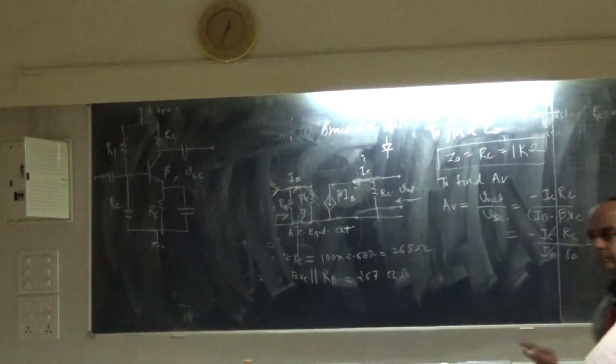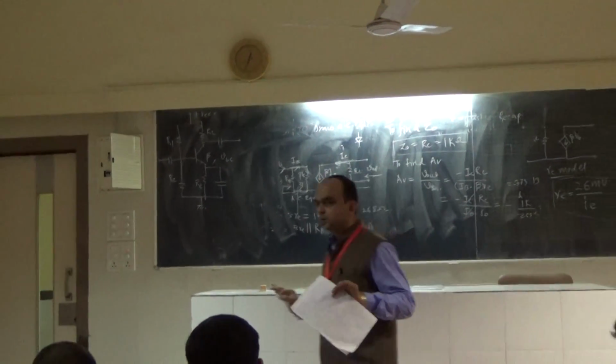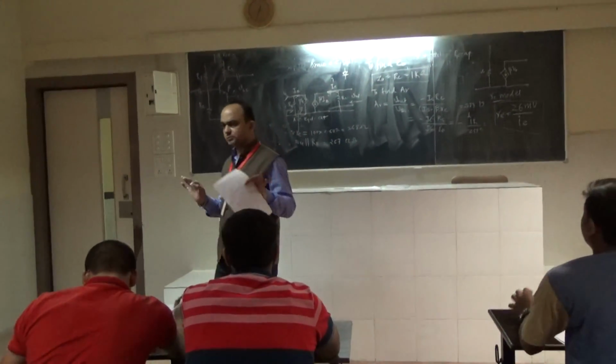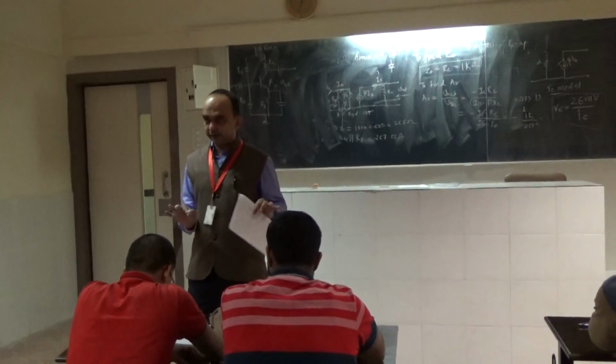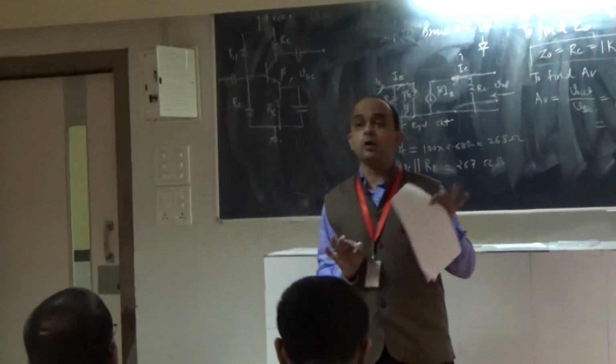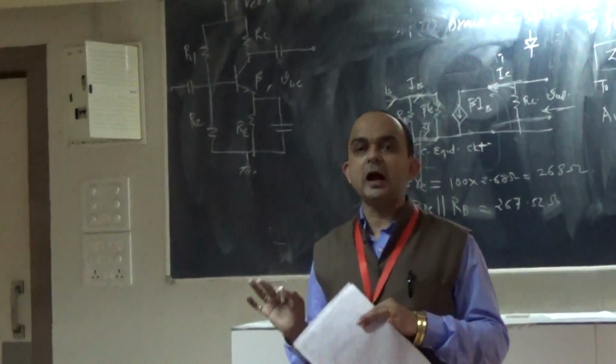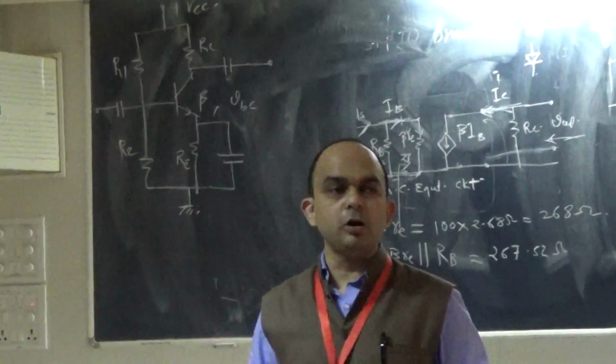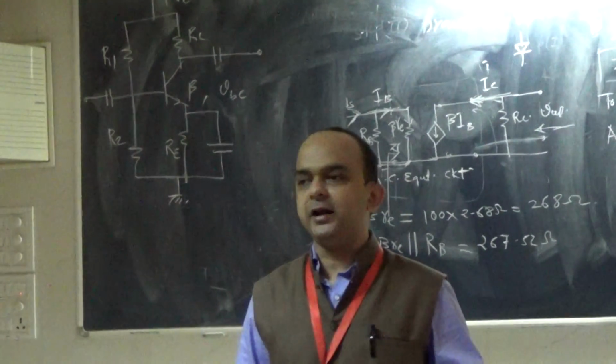Earlier problem, step by step. First, what will you find out? RE. For finding RE, you will find out IE. From IE you will get RE: 26 millivolt divided by IE gives RE.